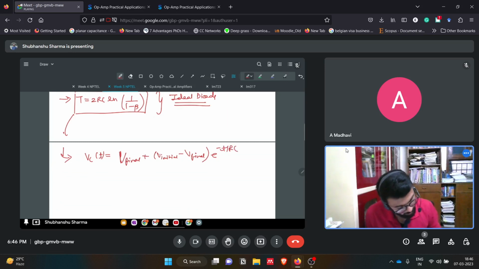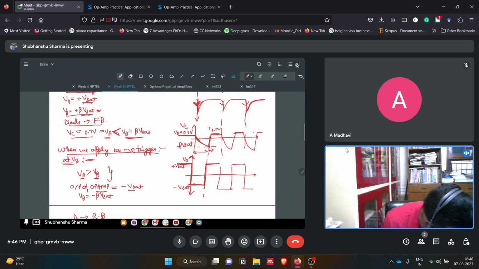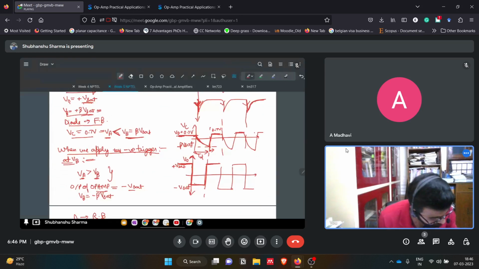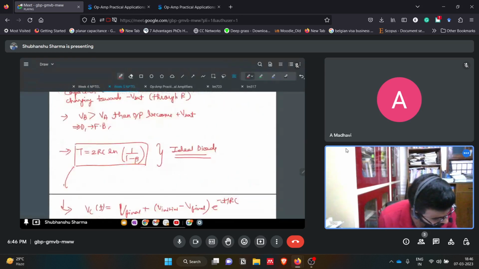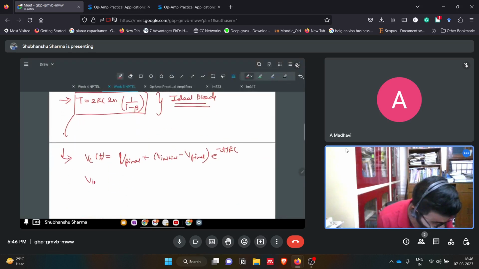Now if we talk about the discharging point, td: since it is an ideal diode, this VD is not 0.7 volt, it is 0 volts. So the initial value, V initial, will be 0 volts, because we are talking about the ideal case of the diode.